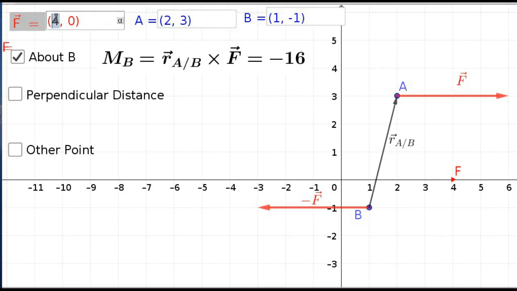So I doubled the distance between them, and we'll make the force smaller, and we still end up with minus 8. So the couple is really a combination of the distance between these forces and the magnitude of the force, but the couple itself can be a single value.